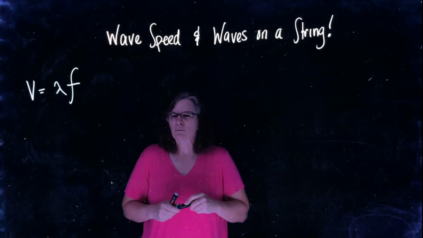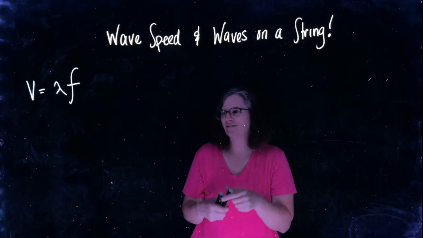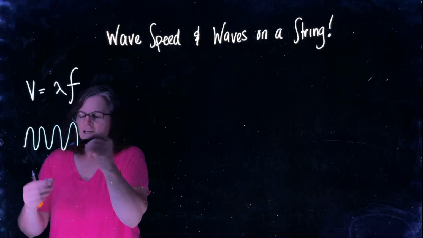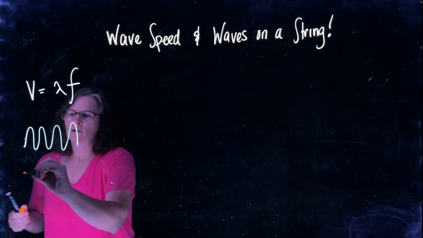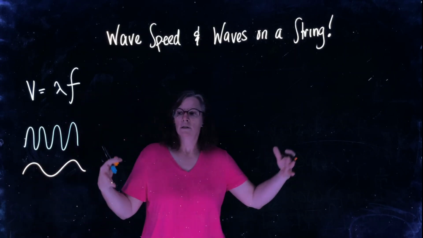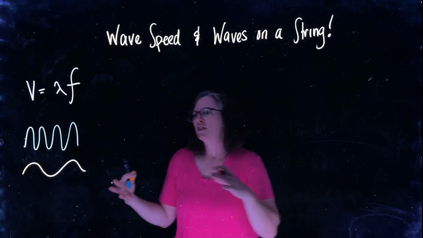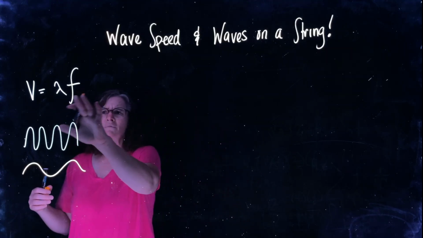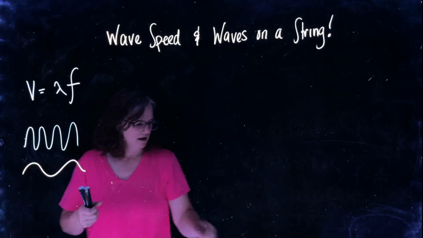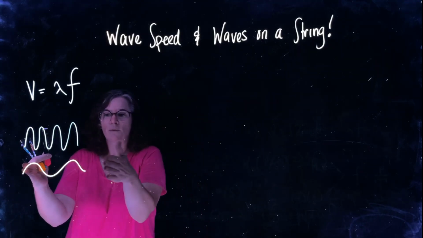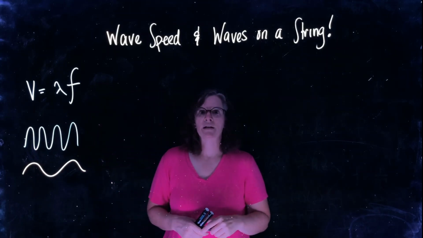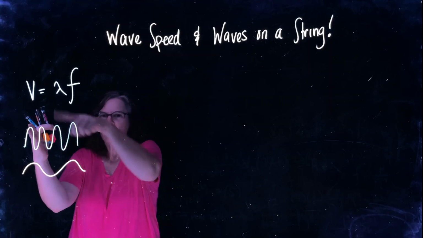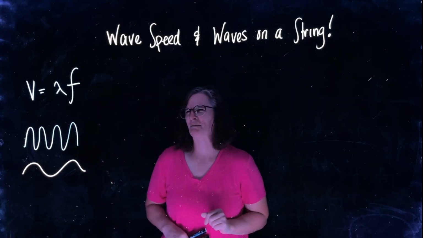And we can appreciate that if I have two waves traveling along together, and one is bouncing along really quickly and the other one is less frequent, and they're both traveling together at the same velocity, then as I increase the frequency of the wave, my wavelength goes down. If I increase the wavelength, my frequency goes down. If I decrease the wavelength, my frequency goes up. That's what we talked about.